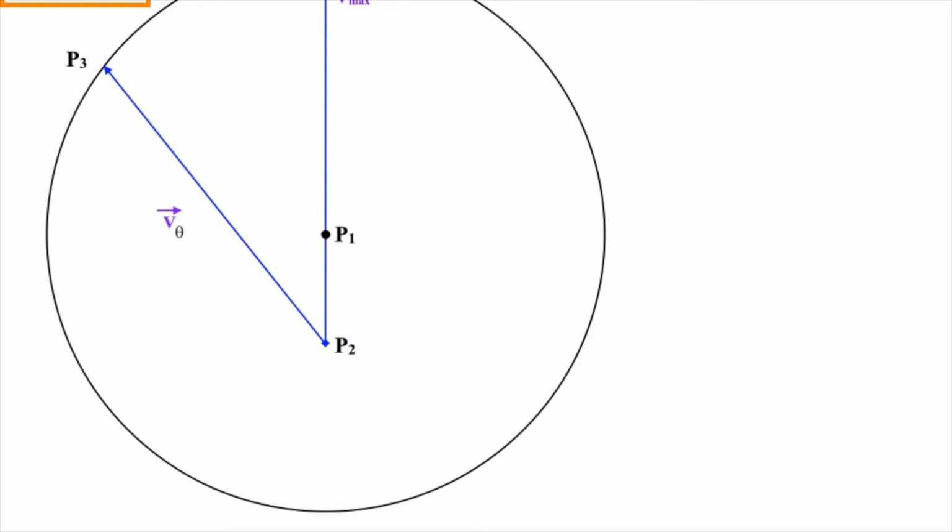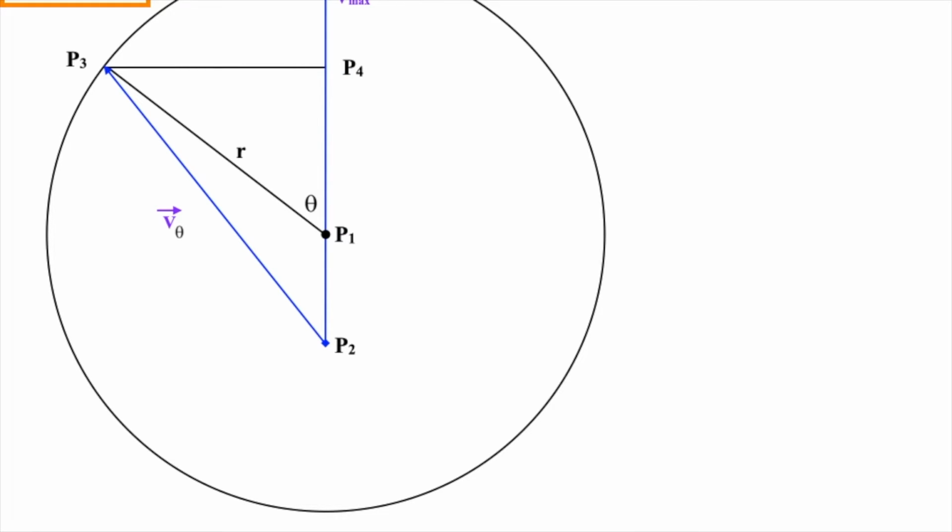V theta touches the circle at point P3. We can draw a radius of length r from P1 to P3. Of course, it forms an angle theta with Vmax, the angle of azimuth.